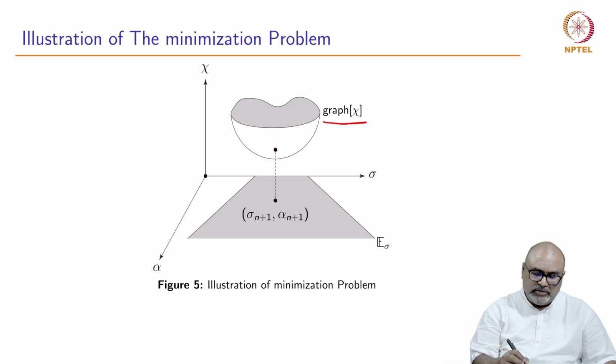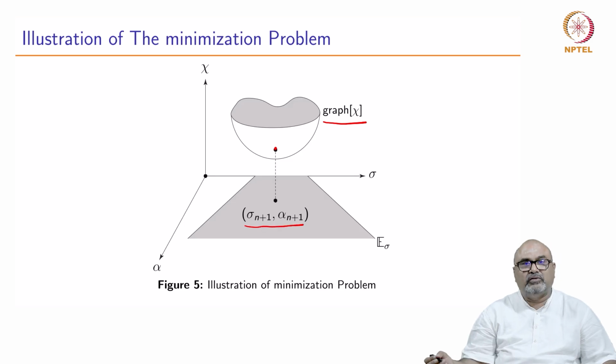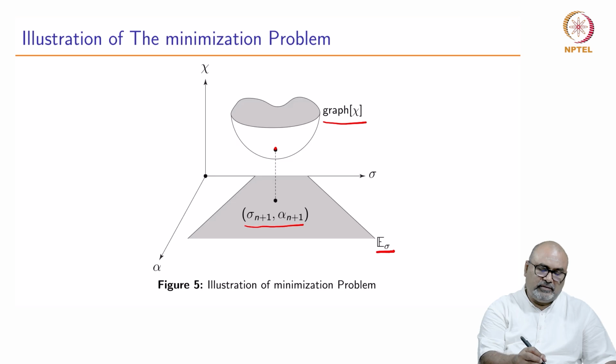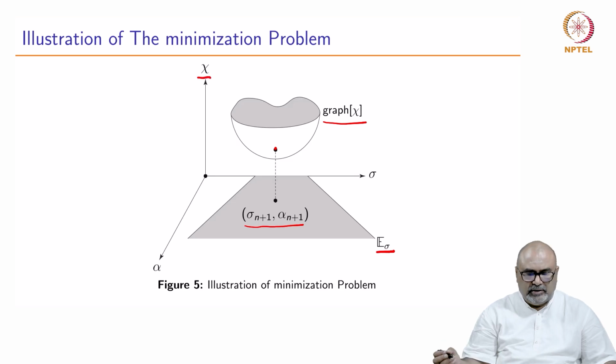Once we know the trial state, we want to get a projection of the trial state to get the correct values of sigma n plus 1 comma alpha n plus 1, which are defined in the admissible stress state E of sigma. Thereby one can write the convex minimization problem in terms of complementary energy chi, which is a function of sigma and alpha.